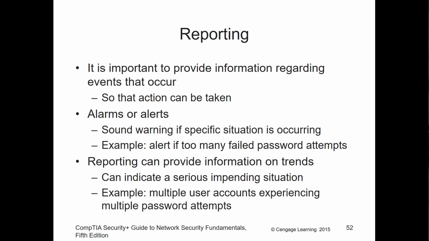Reporting, so that action can be taken. Alarms or alerts, that way if an issue does occur, the appropriate individual can have a report that an alarm or a report happens. The reports provide information on trends, and it could be as simple as failed password attempts.